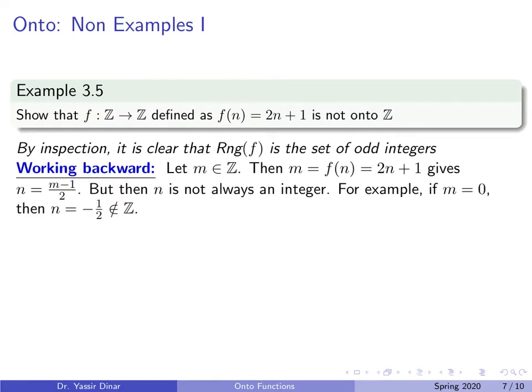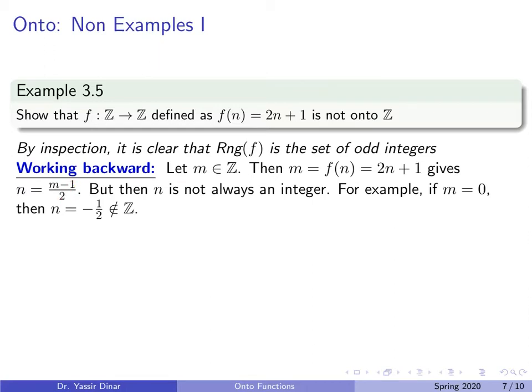As in the proof of a function is onto, we do working backward first. So I will take m to be an integer, and we'll say that m is equal to f of n for some integer n. That means m is equal to 2n plus 1 by the formula of f, which gives me that n is equal to m minus 1 over 2.